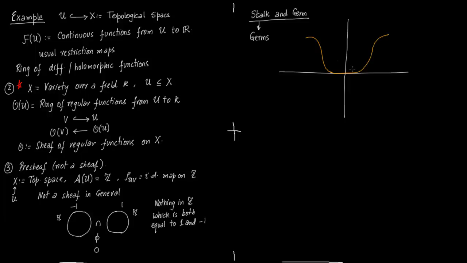And the x-axis is 0 everywhere. So the x-axis and this function in rust color both are 0 at 0 and also in the neighborhood of 0. Now this function in green is 0 at 0 and 0 in the neighborhood of 0.